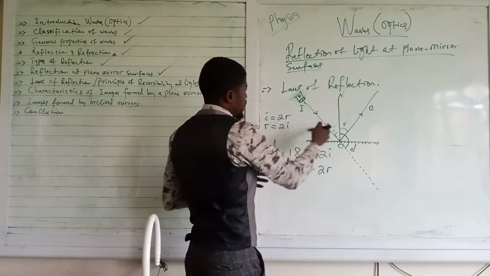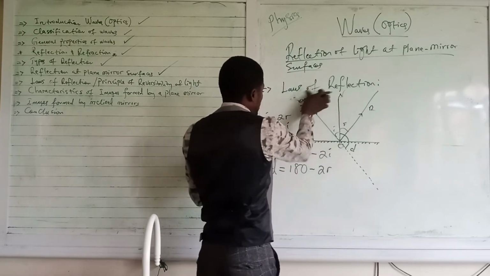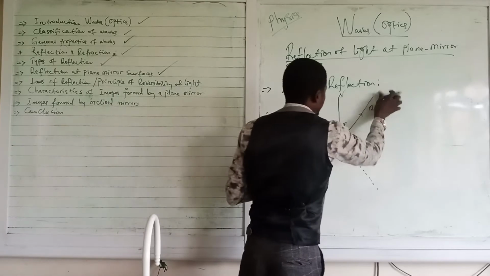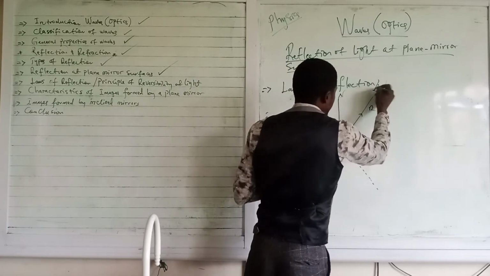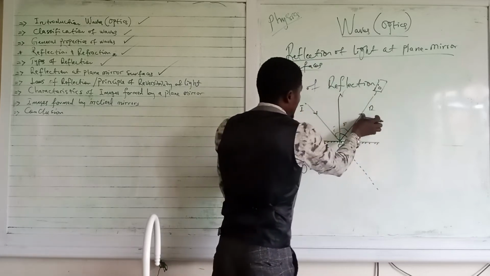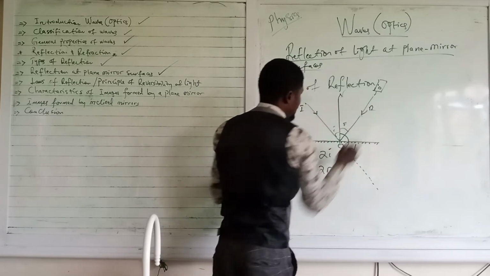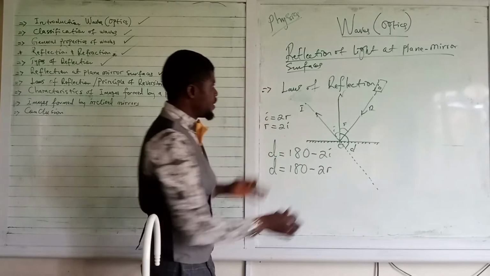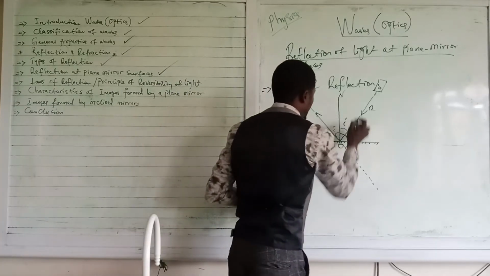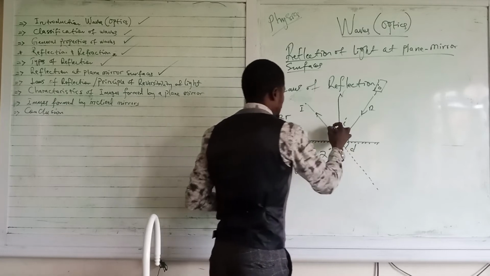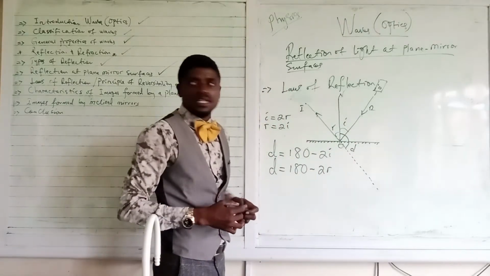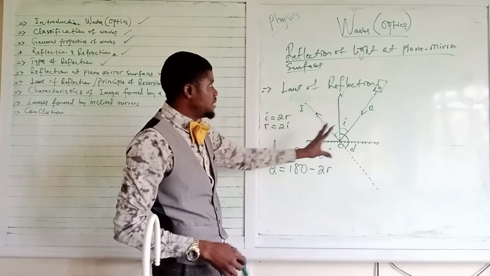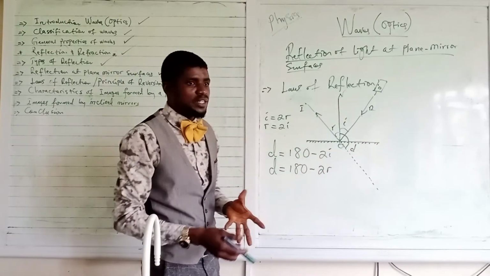And so here, if we try to bring our laser this side, this place becomes our incident ray, and this place becomes our reflected ray, and this angle becomes our incident angle, and this becomes what? Our angle of what? Reflection.